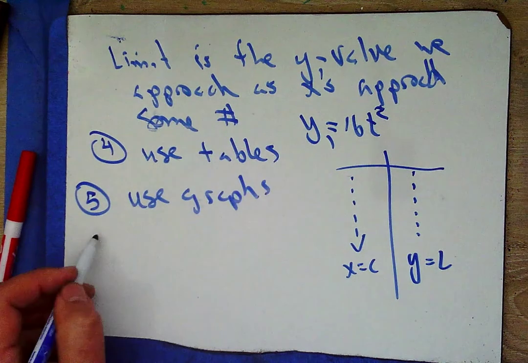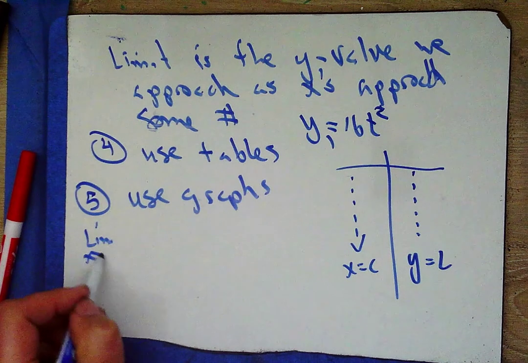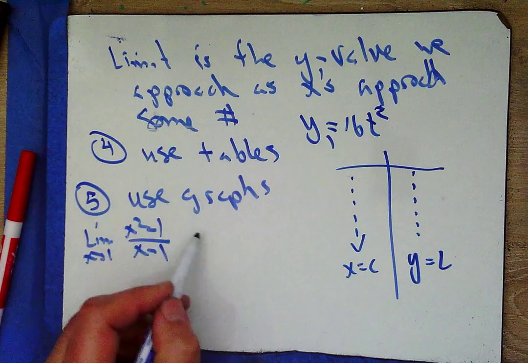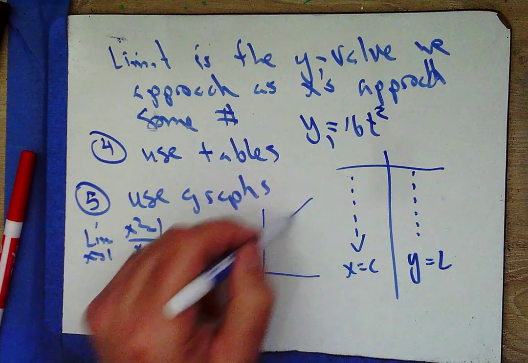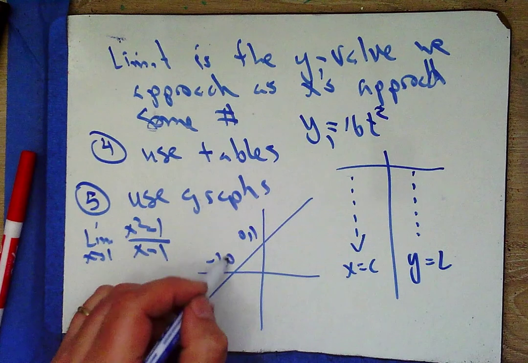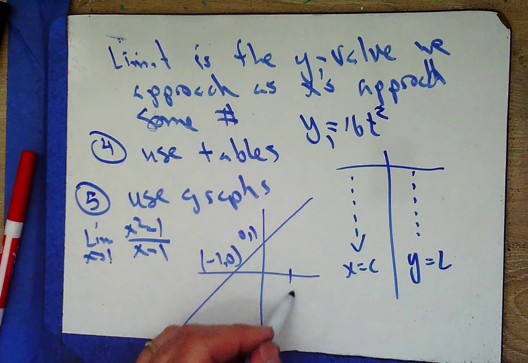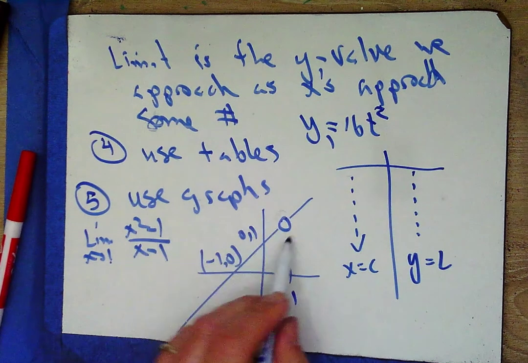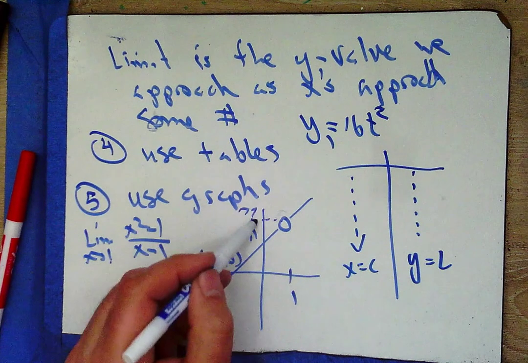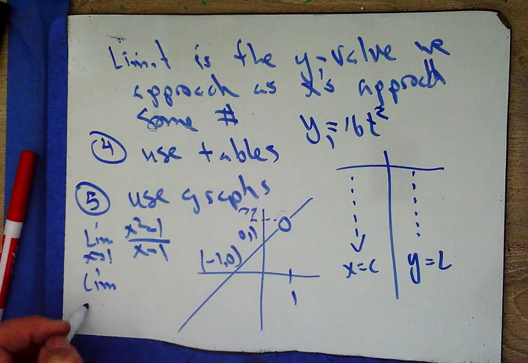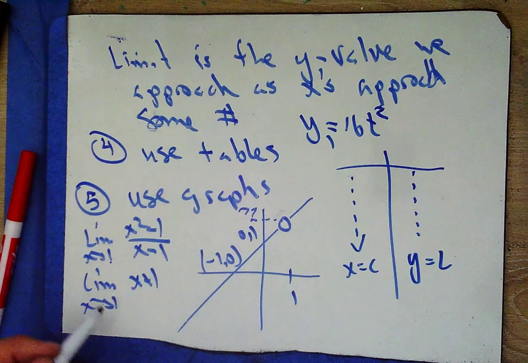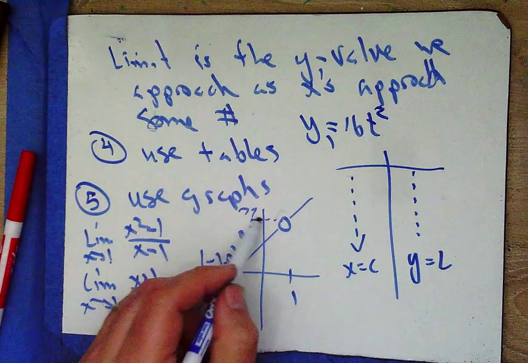You know, when we looked at what's the limit as x approaches 1 of x squared minus 1 over x minus 1, we looked at the graph there and said 0, 1, negative 1, 0. As x approaches 1, the function doesn't exist there because of a hole, but that doesn't mean we can't figure out what that y value is. So limit as x approaches 1 of x plus 1 when I do the canceling. And so I get 2.